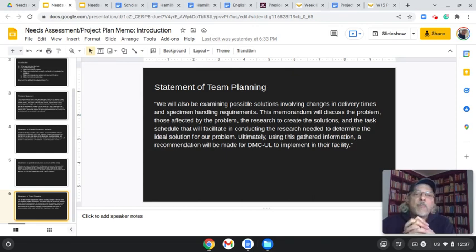So I like the fact that they talk about how they're going to gather information, maybe not necessarily going into such specific detail, but still giving an idea, because they just came off a really good idea talking about possible solutions, and that these possible solutions also have to do with other information that has to be discovered, and facilitating this type of research, because this particular problem affects so many things. And so team planning in that sense.